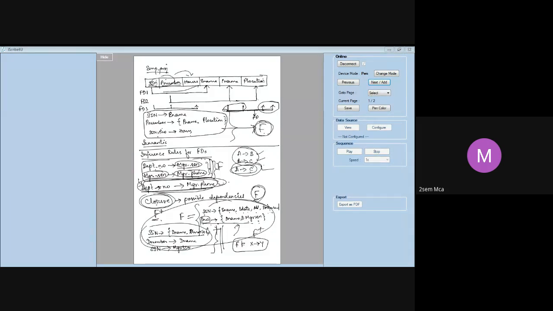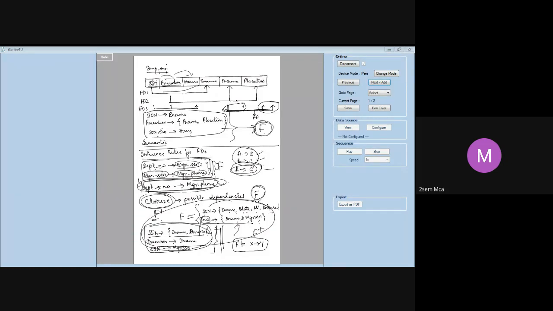I said F is SSN implies all this, D number implies D name and DMGR. That is my F, the dependencies that I have stated. It is possible for me to infer certain things from these two. Given these two, I can infer a few more dependencies. I can say SSN determines D name and DMGR. These are all inferred.